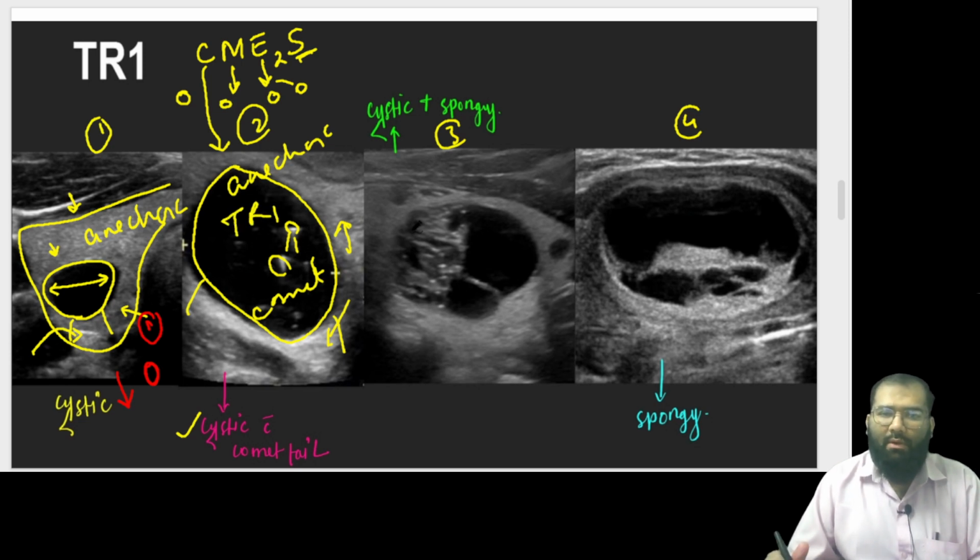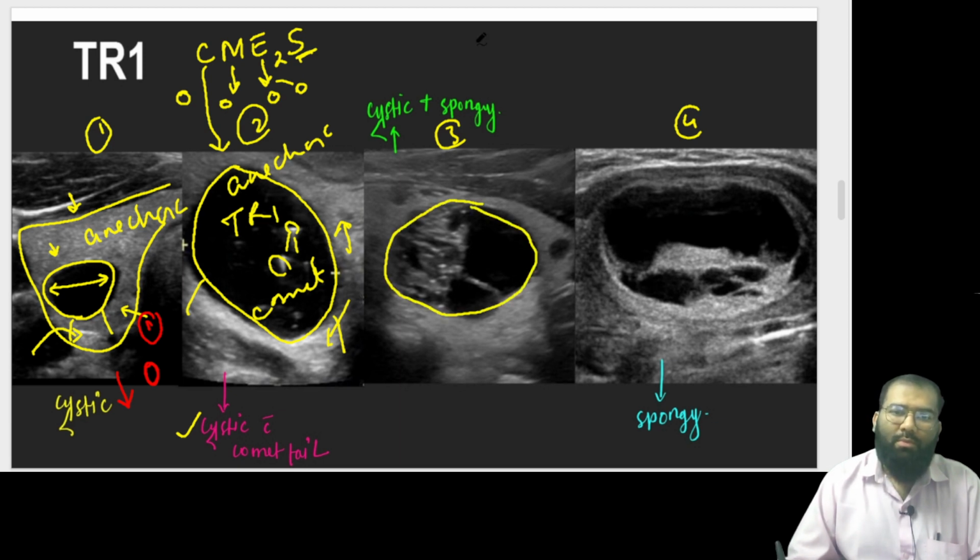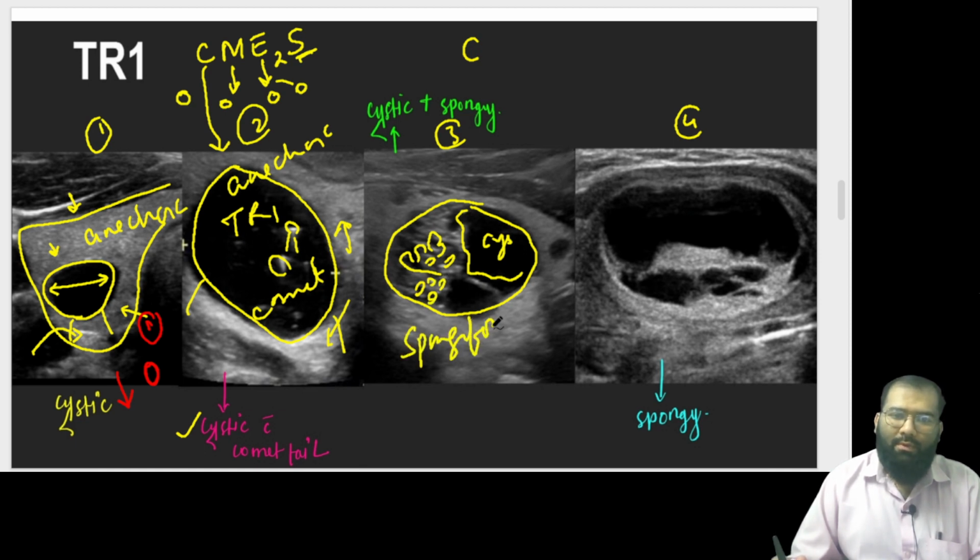Okay, now let us see this lesion again. So again, this is a lesion. What is the composition? You are able to see this is a cystic area, but if you see this area, this is all spongiform. Okay, so again a cystic spongiform lesion, again TI-RADS 1 and stop as per shortcuts, right?